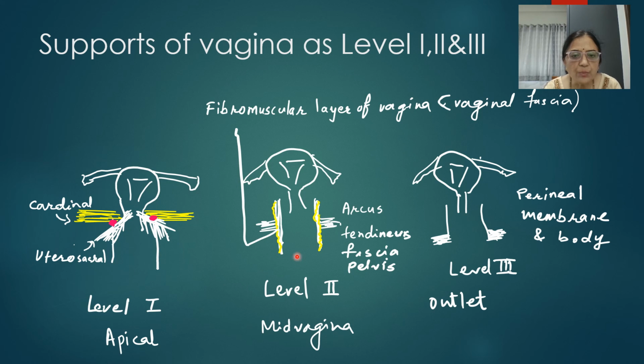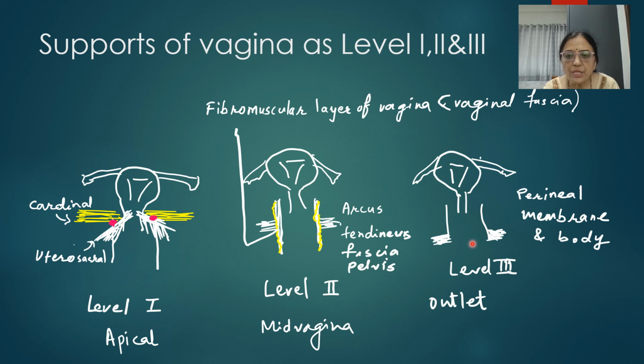Level 2, mid-vaginal support, is the fibromuscular connective tissue of the vagina. Anterior and posterior vagina both have this fibromuscular connective tissue, which merges with the arcus tendineus fascia pelvis, so it provides support along with the fibromuscular connective tissue surrounding the vagina.